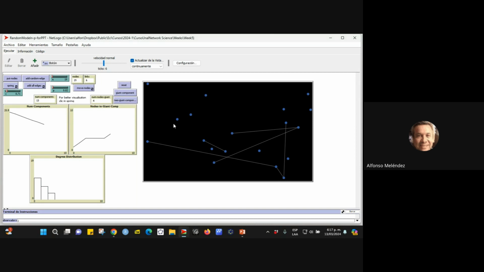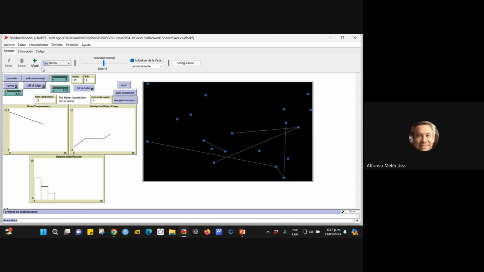We are going to see these properties. That was the idea of Erdos and Renyi. When they generated random networks, they discovered common properties to all of these random networks. One of the most important properties I'm going to show you now.